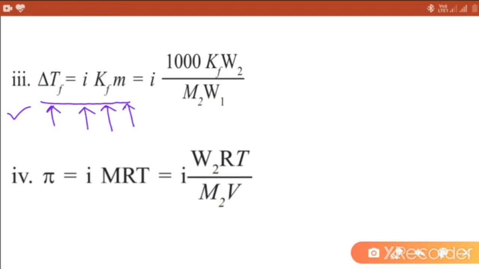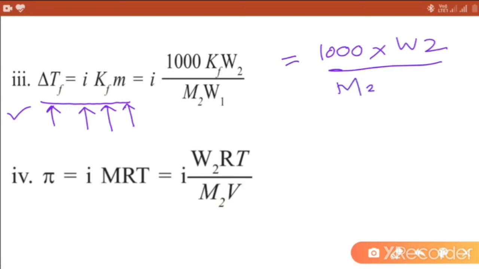By putting the value of molality as 1000 into W2 divided by M2 into W1, we get this equation: I into 1000 Kf W2 divided by M2 W1.